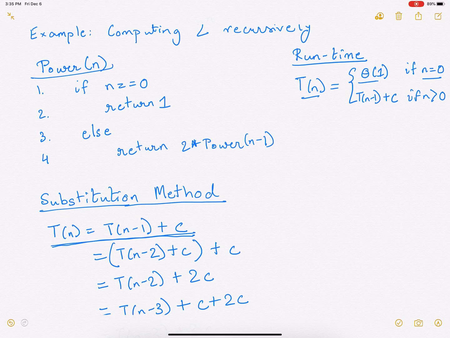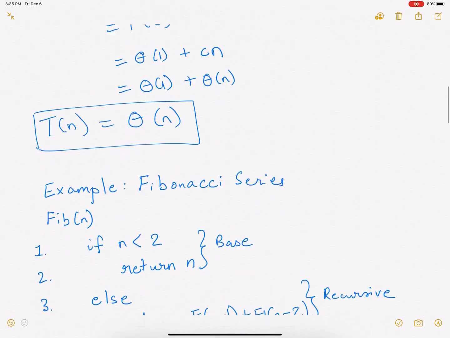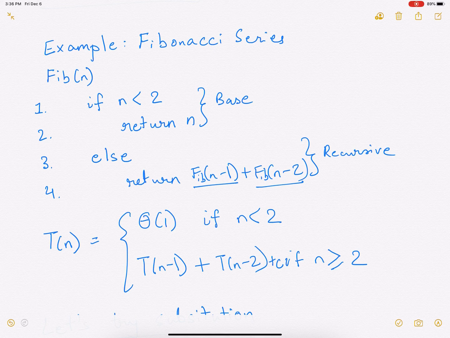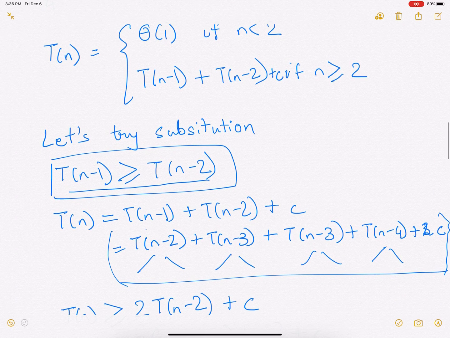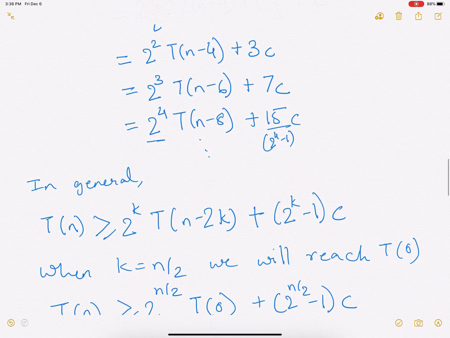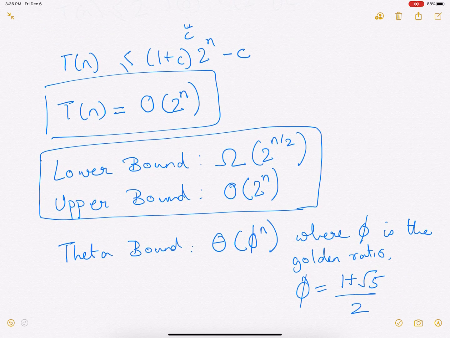If there are multiple terms, this substitution method will not work. And that is why we studied the Fibonacci series, where you have Tn equals Tn minus 1 plus Tn minus 2. And if you try the substitution method, there'll be an explosion of terms and you will not be able to handle it. So we try to bound it from the top as well as from the bottom, and then we got the omega and O bounds here.